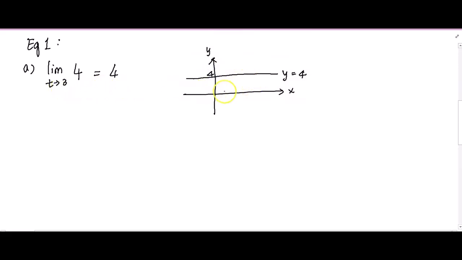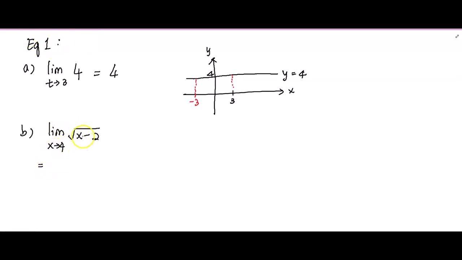And when x approaches 3, 3 may be somewhere here, the y actually approaches 4. So from the graph, you can obviously see that the answer has to be 4. If you change the t value, say t approaches -3, the y also approaches 4. For a constant function, this is the method we use to evaluate the limit.